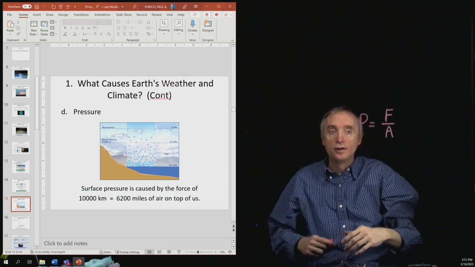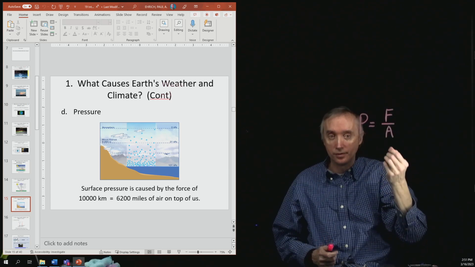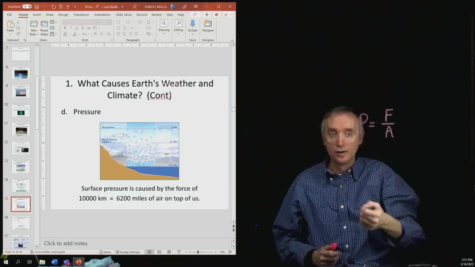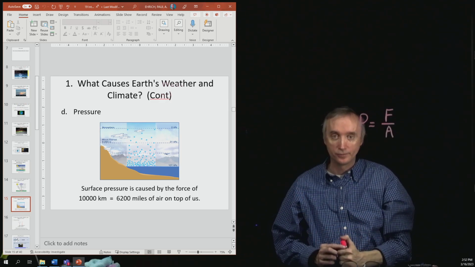The weight, the force of gravity of the air pushing down on you, is going to cause a pressure. We're going to call that atmospheric pressure.